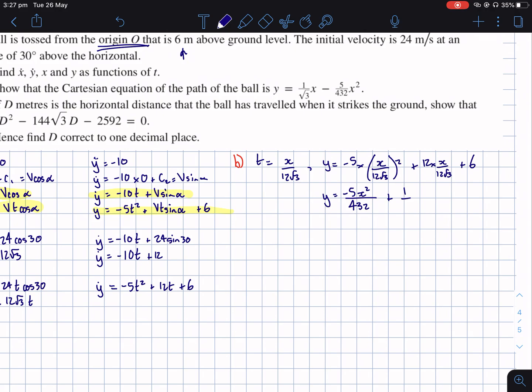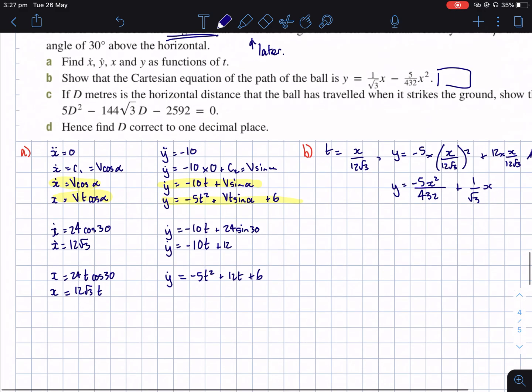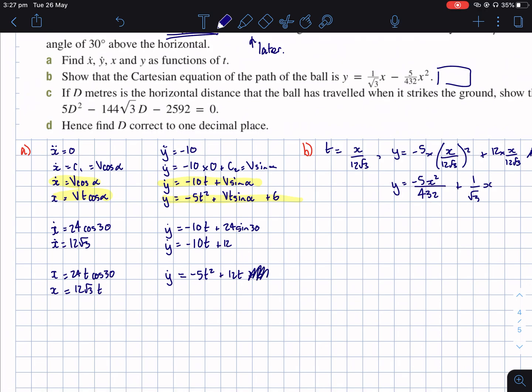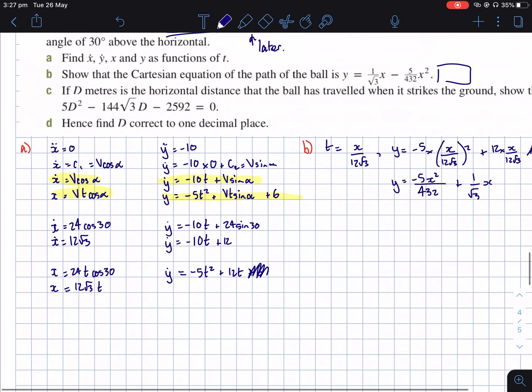Yeah, I can just leave 1 on root 3x. And you know how they don't have the plus 6? We're going to do this just with respect to the origin. Yeah?